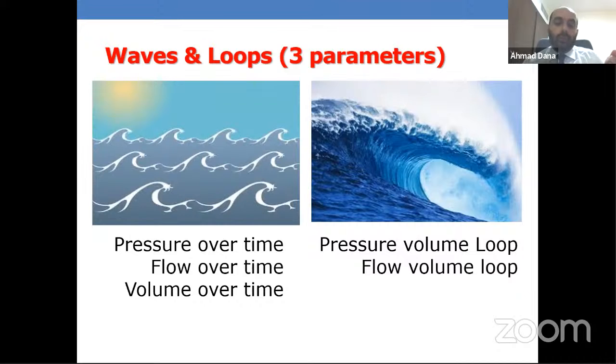If you have pressure, flow, or volume over time, you are talking about a wave. So when you are talking about waveforms, you are talking about those three variables, pressure or flow or volume over time. When you are relating those parameters together, you are talking about a loop, either a pressure over volume loop or a flow over volume loop. So we will go through that.